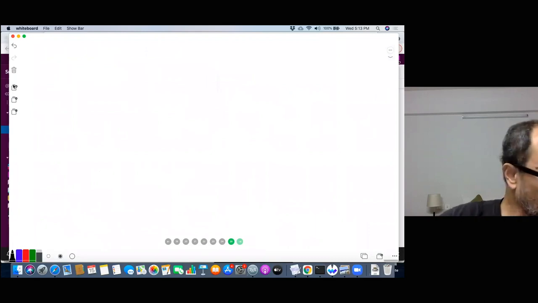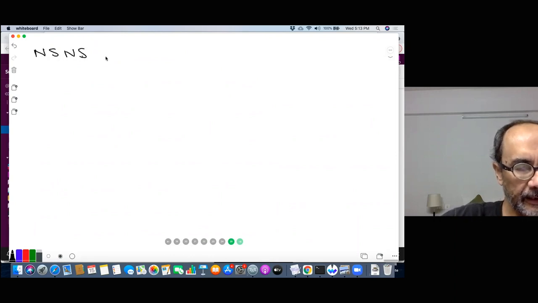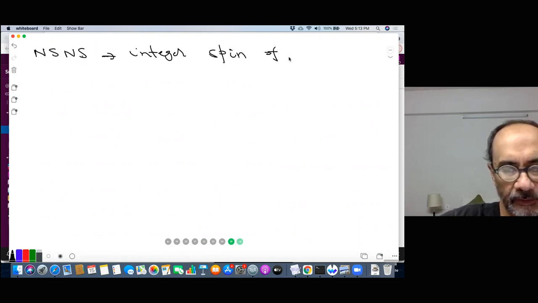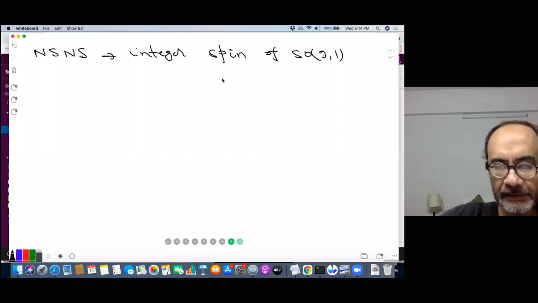Okay. So what we see is that the NSNS states have integer spin of SO(9,1), because all the vertex operators carry only the index mu and its various symmetrizations.